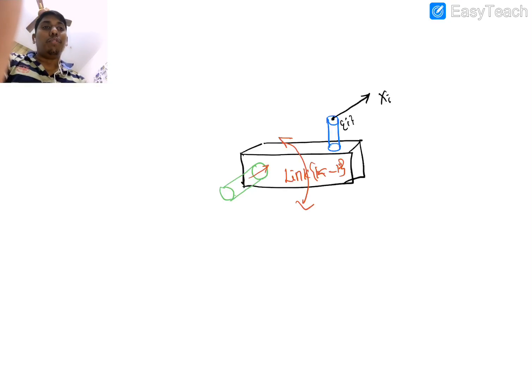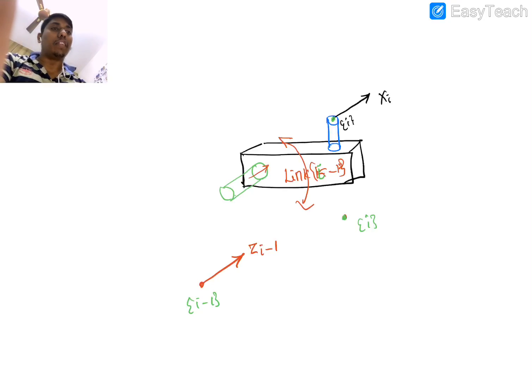So if you see, this is the first joint axis which I call i minus 1, and there is another joint which I'm showing here in green color. So this is the ith frame, and this is the i minus 1 frame. Okay, so I think it's supposed to be i minus 1, you can take it so that it would be uniform. So now this joint axis is like this.